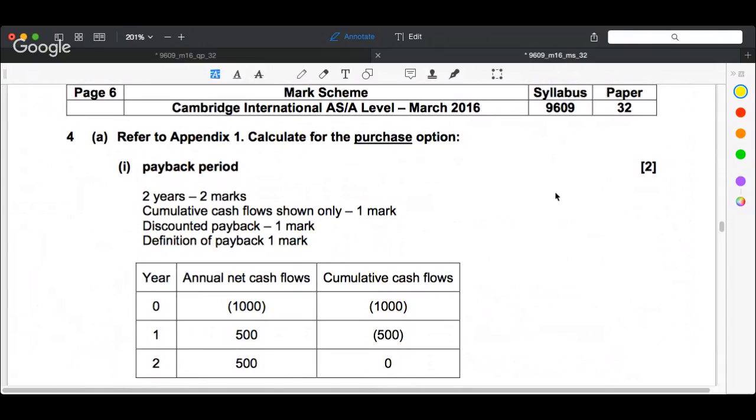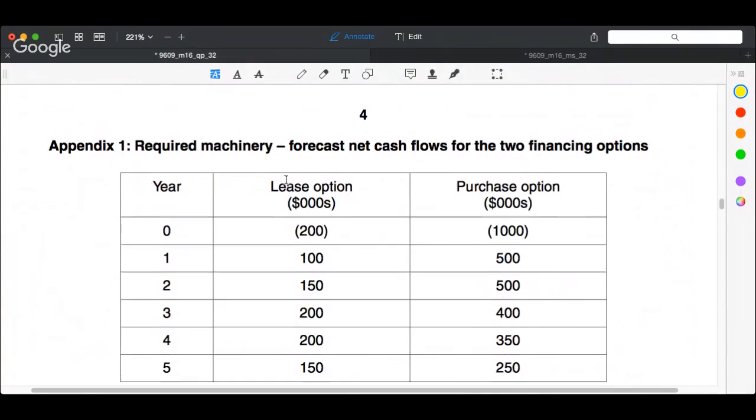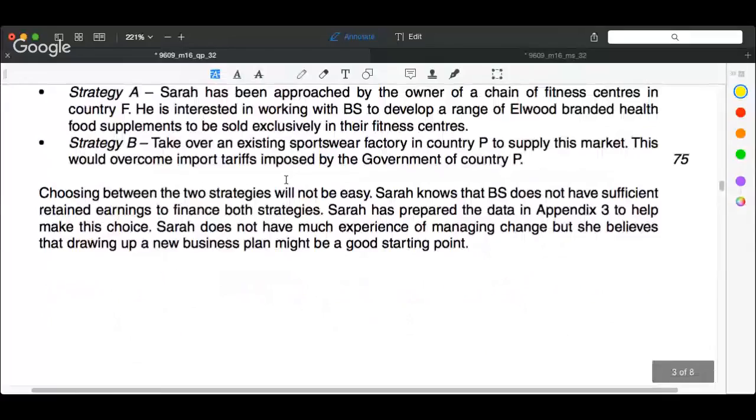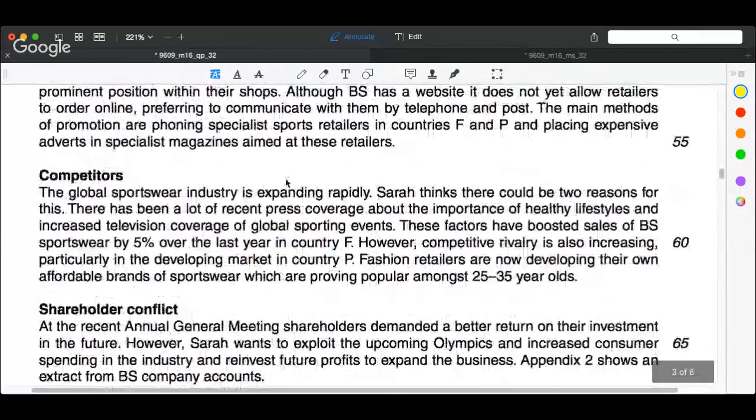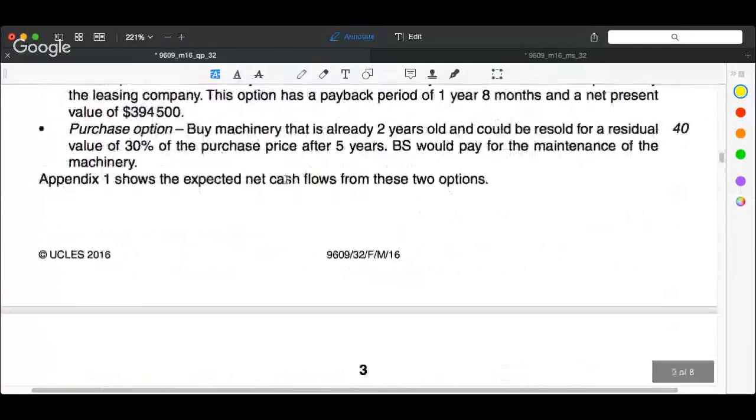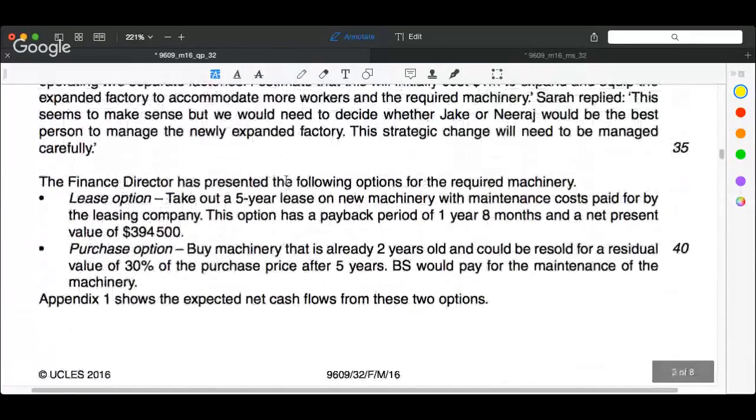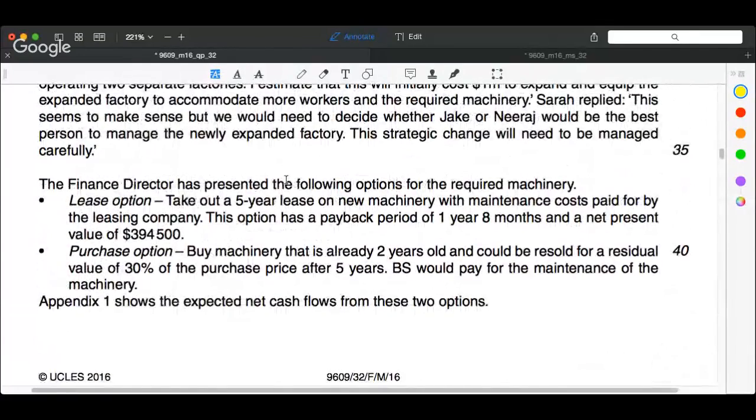Where does it say in the question paper, the actual costs, Alan? In the script? Yeah, here it is. Finance director. Here we are, line 40.